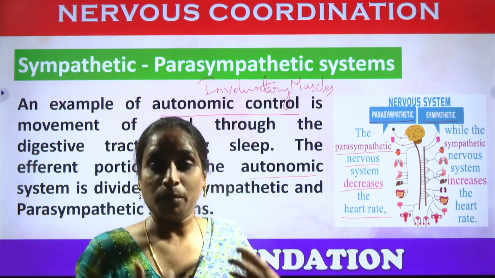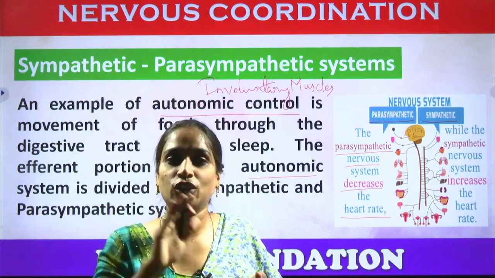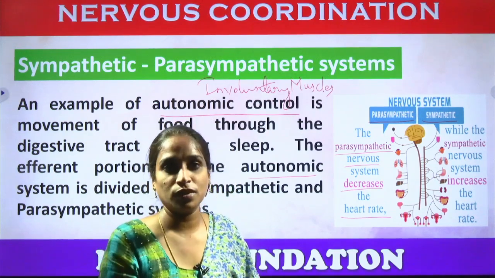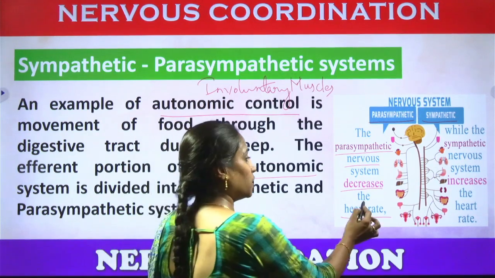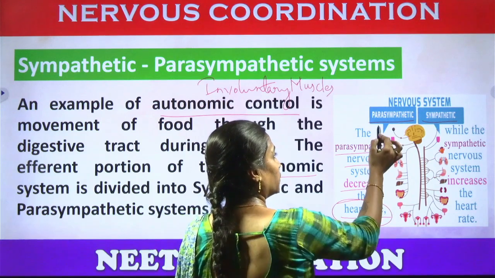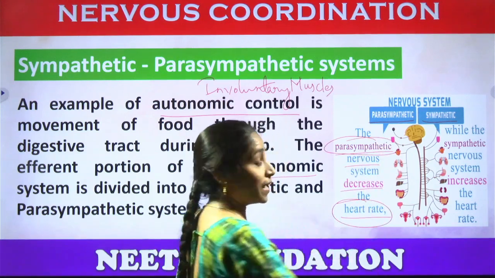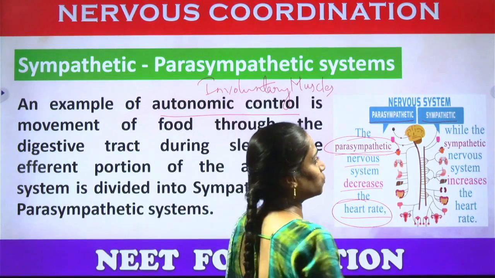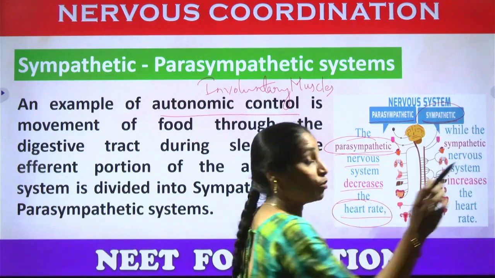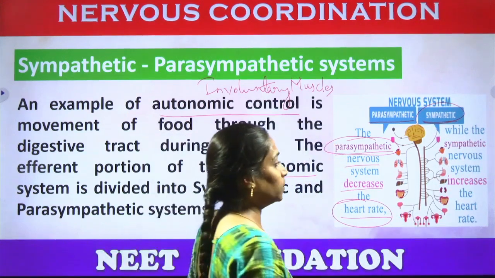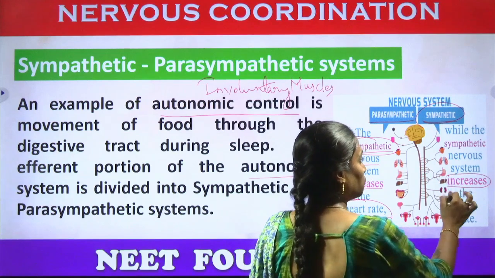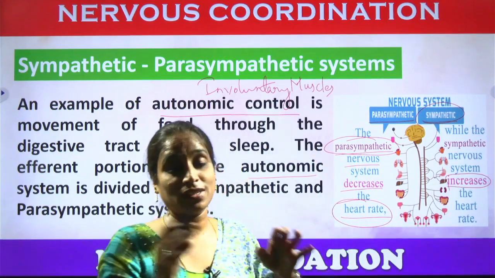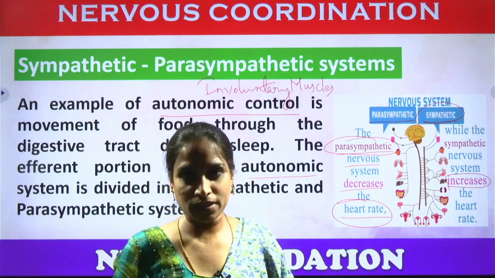Blood pressure has to be maintained at a normal condition according to the age of a person or any living organism. And what is the simultaneous work of the sympathetic system on the same organ muscle? The sympathetic nervous system increases the heart rate. One is increasing and one is decreasing in the same process.